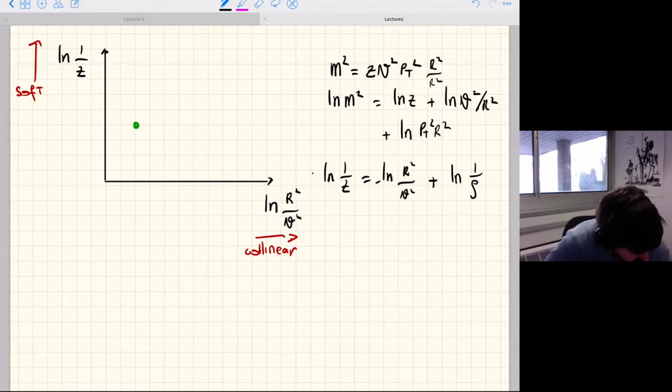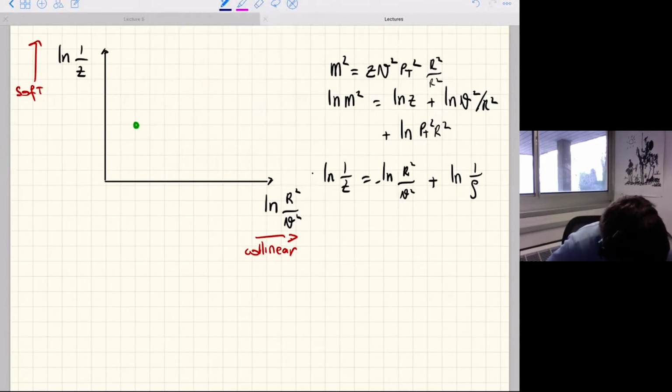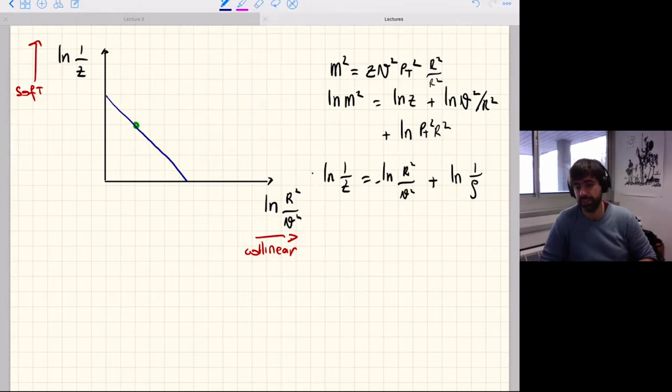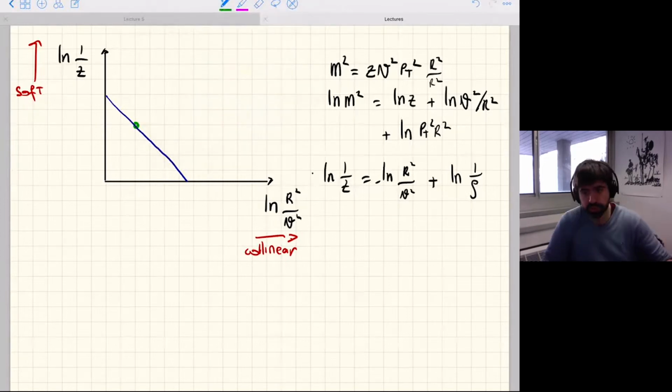So this emission, let me draw a jet mass. All points that lie along this line give rise to the same mass. All emissions, so points that lie above this line, give a different jet mass, of course, and this jet mass is infinitely smaller because, remember, this is logarithmic in space.